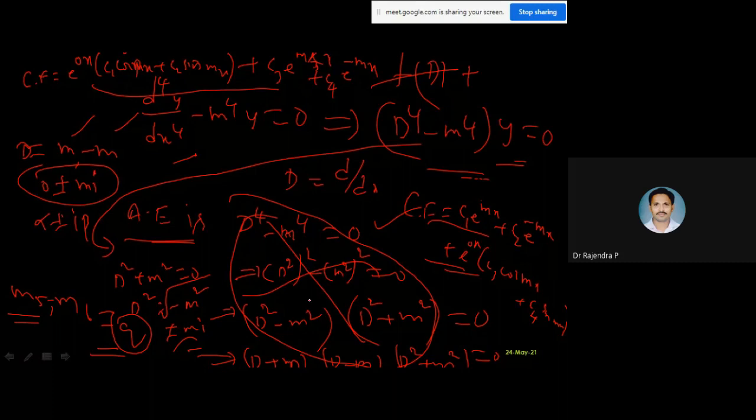When roots are equal, what do I have to do? Already c1, c2, c3, c4 are over, so I have to start with c5 plus c6x. When roots are real and equal, we take that group, times e power qx. That root value is q.